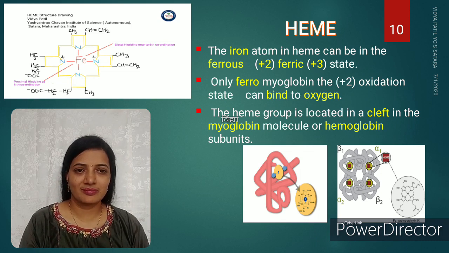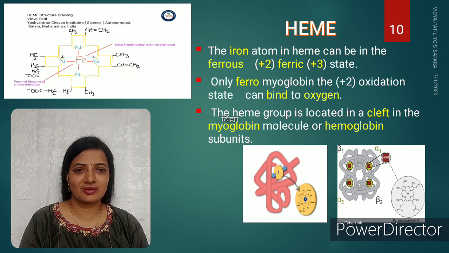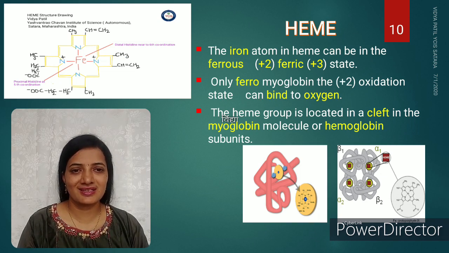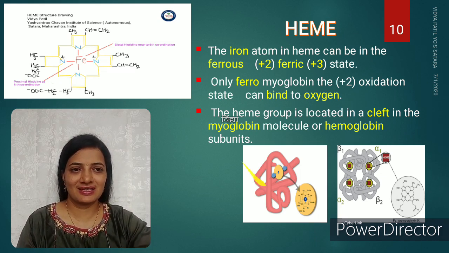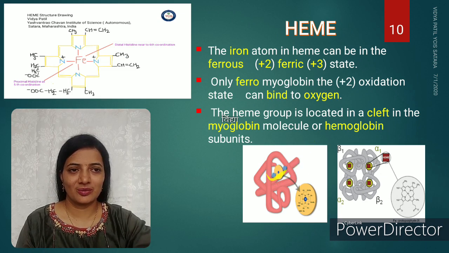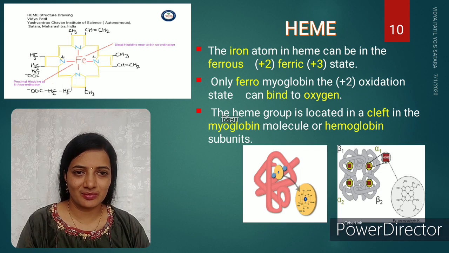This proper binding in a cleft is essential. As I told, two propionate groups are present towards the surface. At the fifth coordination, histidine is present, proximal histidine. The sixth coordination is near to the distal histidine. See, in this diagram there is a myoglobin and hemoglobin. Myoglobin contains a heme group, hemoglobin contains a heme group in each subunit.